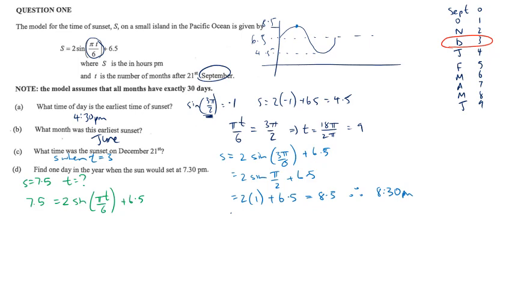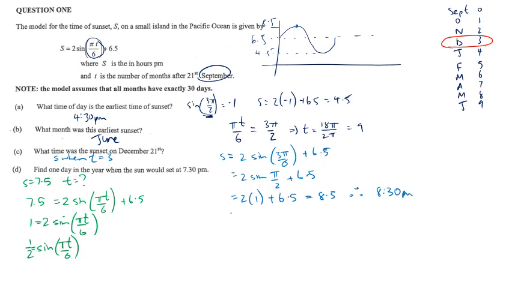Minus 6.5 off both sides. Then we're going to divide by 2, so we're left with half equals sine pi t over 6.